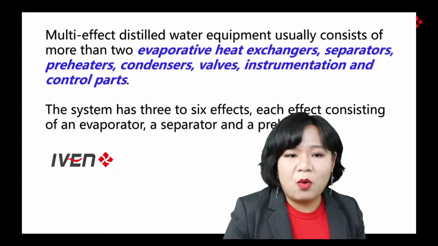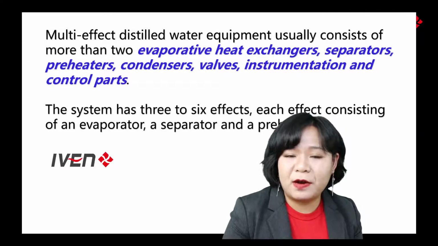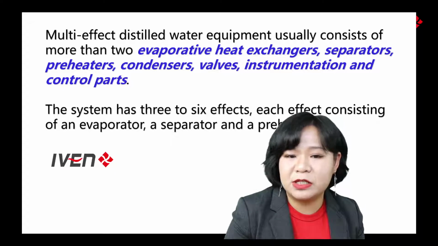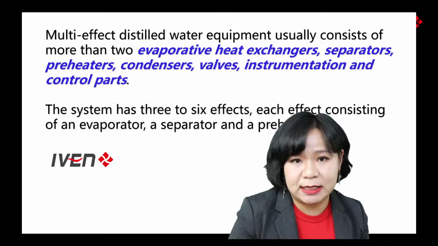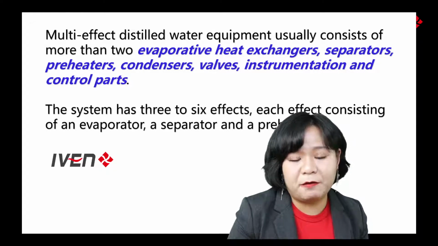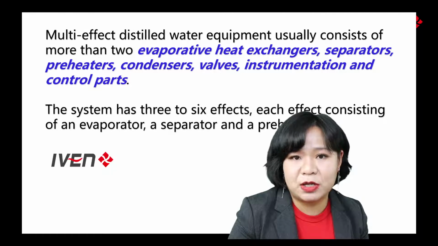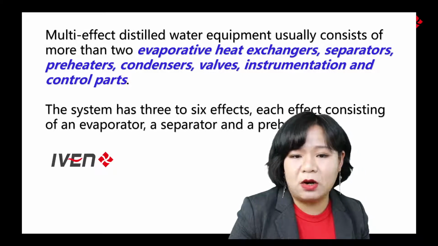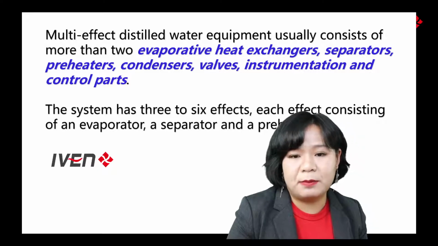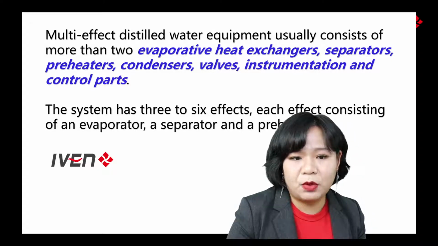So why do we have different columns from 3 to 6 effects? Just because the production capacities range from 500 liters to 6 or 8 tons per hour. We can design it for you.